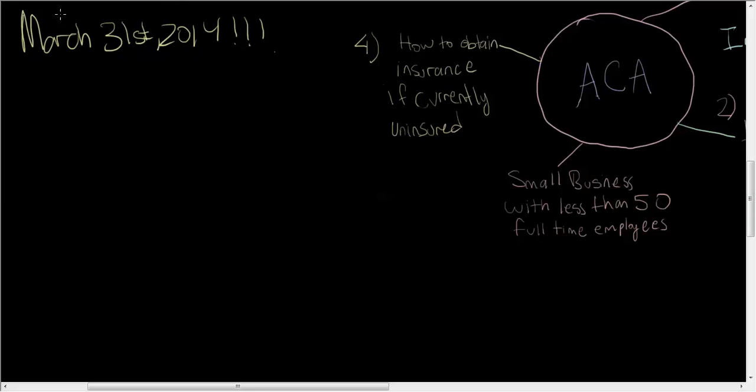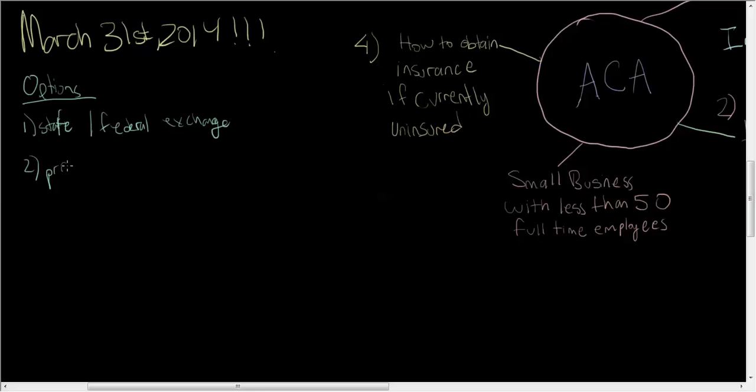But if you want to avoid the penalty, you need health insurance by March 31st, 2014, if you are currently uninsured. So your options for getting health insurance are the state-run exchanges, or some are federally run too. It doesn't matter. The federal exchange.